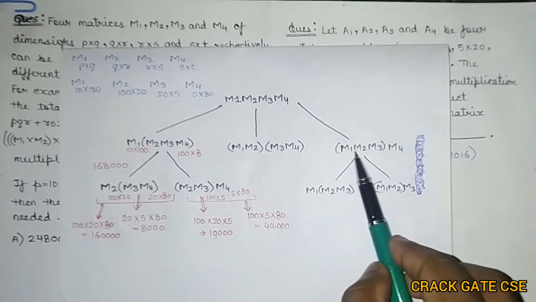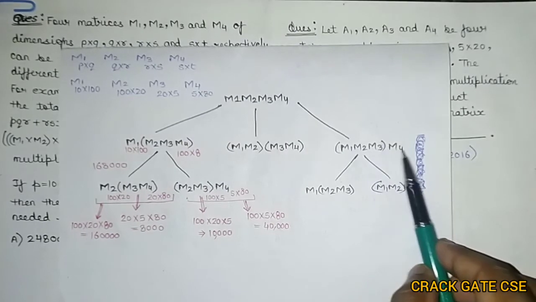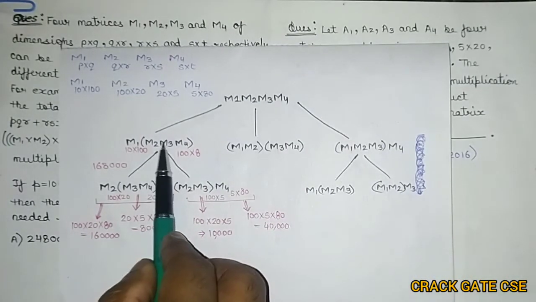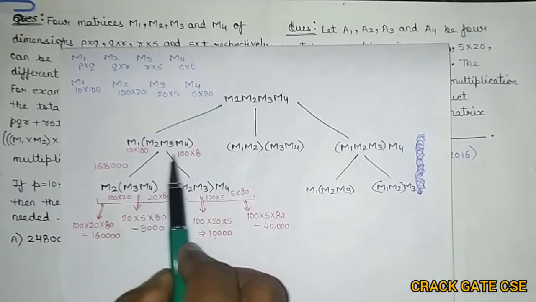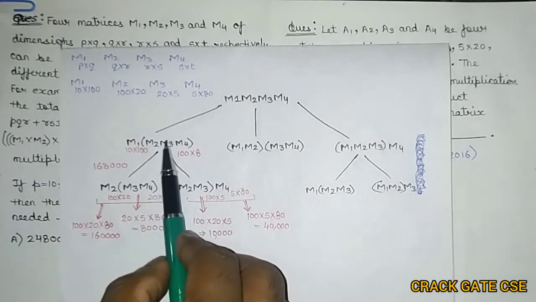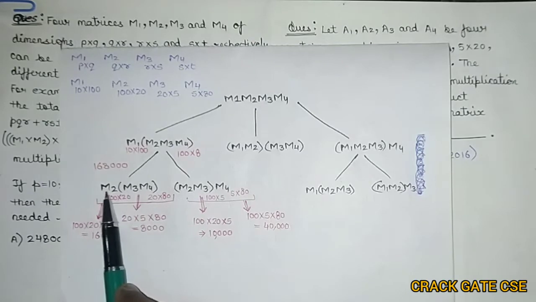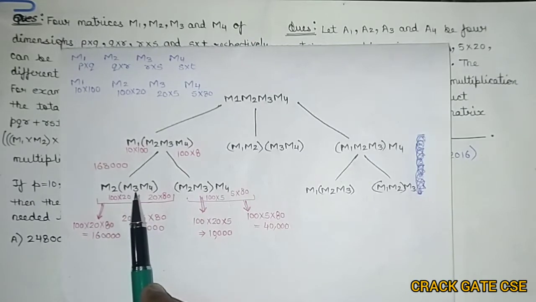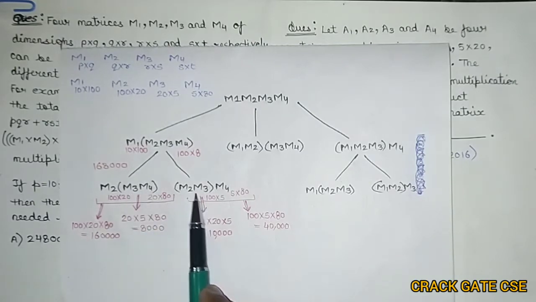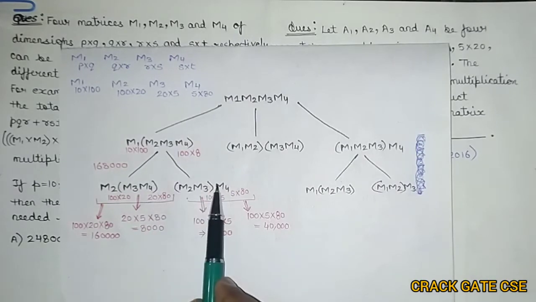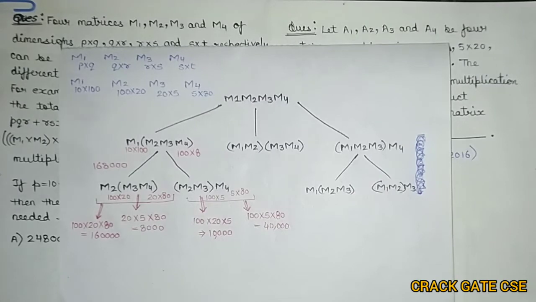Similarly, another way is M1, M2, M3 together and then multiplying with M4. These are sub chains, so we have to take care of them also. Once I take M2 multiplied with M3 M4, and another time M2 M3 multiplied with M4. Similarly I expanded this particular subdivision.